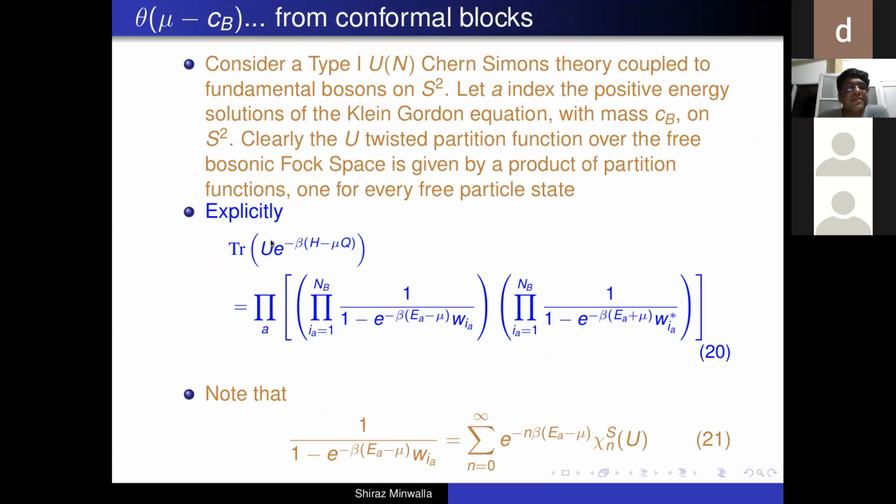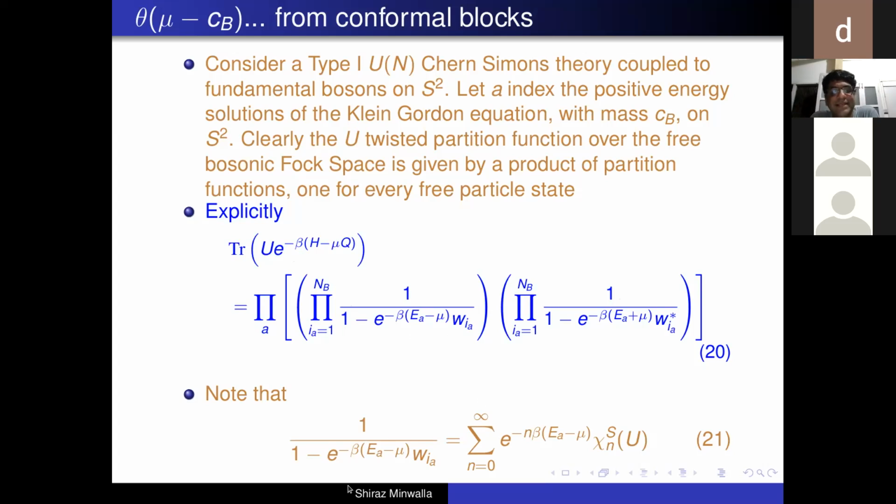You see, this quantity that you would get, this twisted partition function over Fock space, can be written as a twisted partition function per single particle state, because that's how any free Fock space partition function works, single particle state by single particle state. For each single particle state, you get a Bose type factor, and these are a consequence of it being twisted. I've got one for particles here and one for antiparticles.